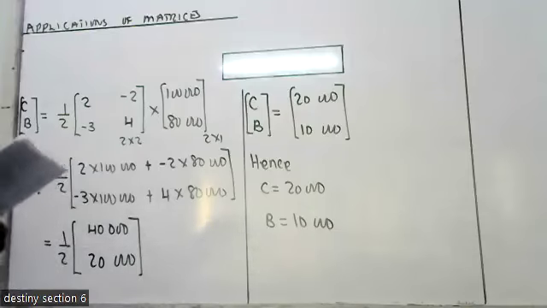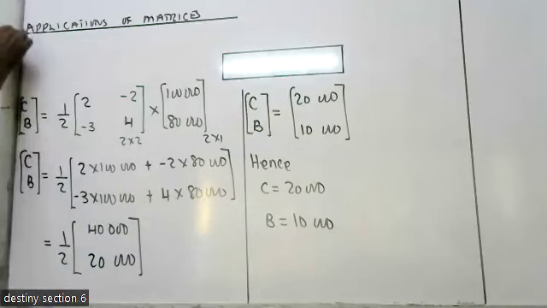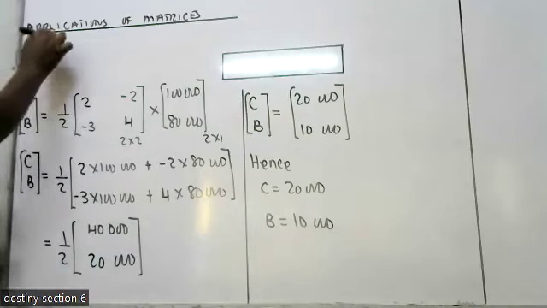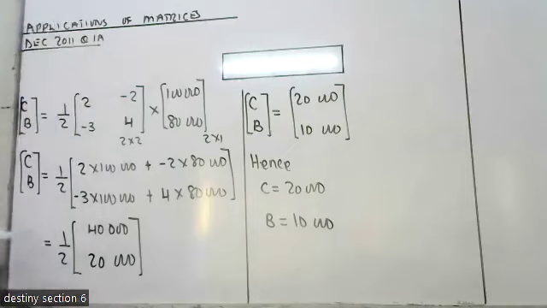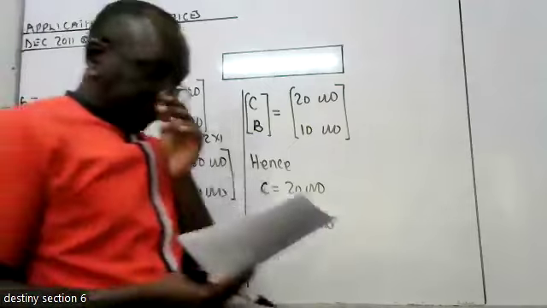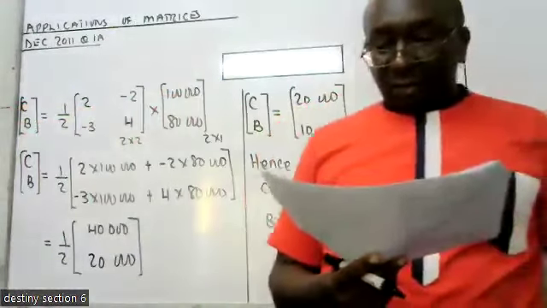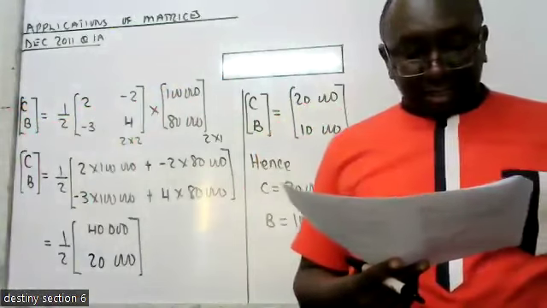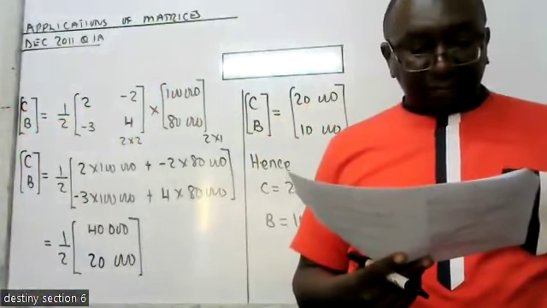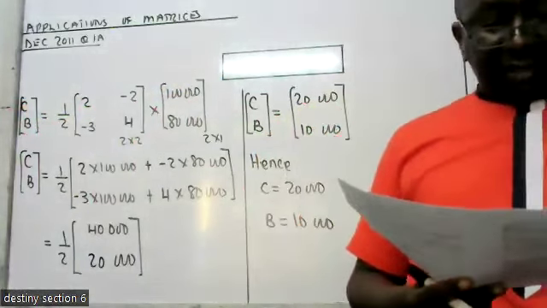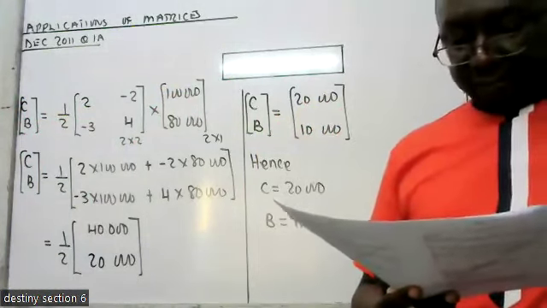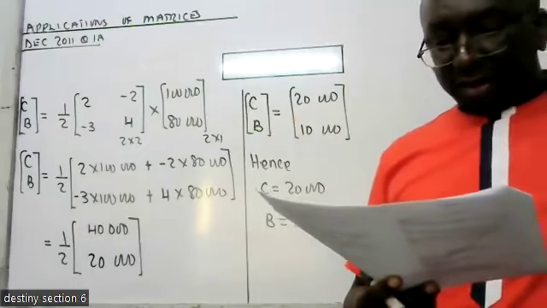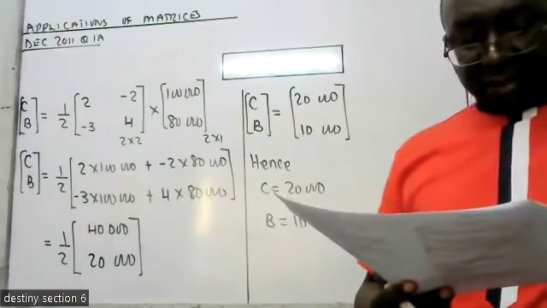Okay, let us go to the next one. The December 2011, question 1A. It says, two traders, Anne and Terry, sell two brands of hair weaves, namely chiffon and georgette at whatever market.